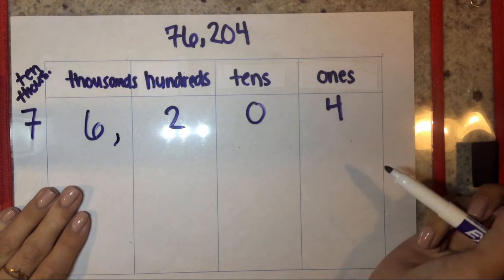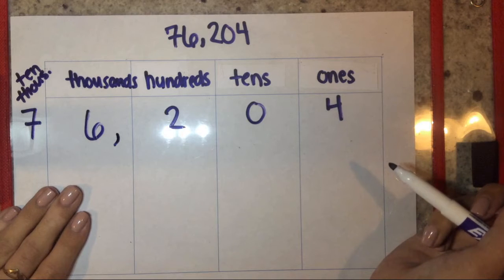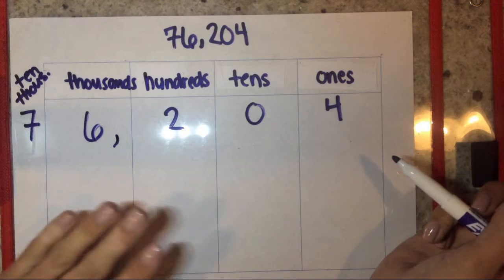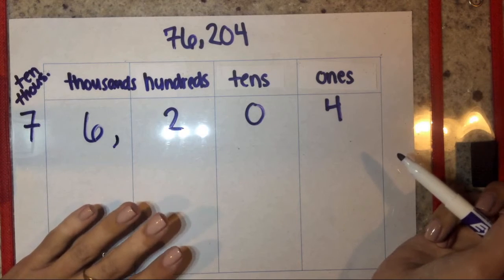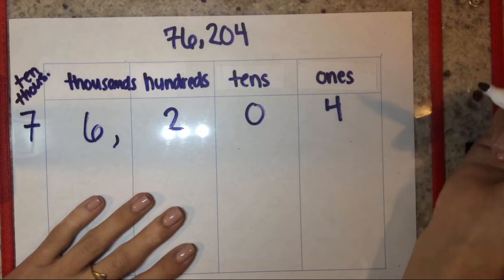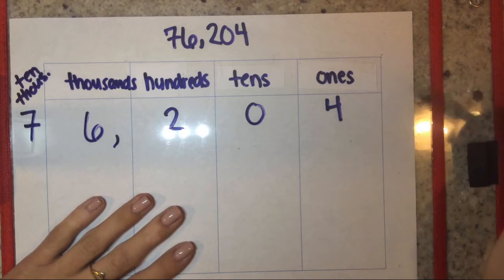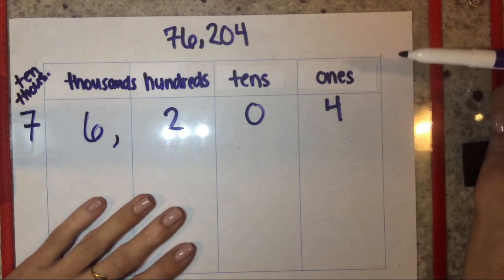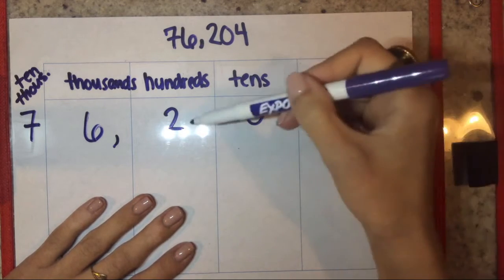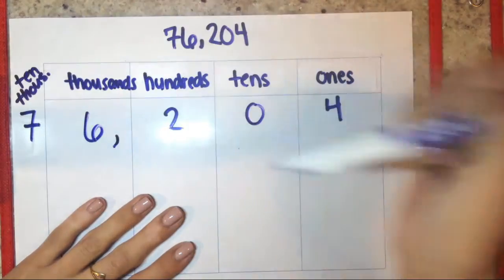Okay, now that we've written it in standard form, our next step is to write it in expanded form. This is where a lot of our scholars get confused. So we have to ask ourselves a question, and I like to ask the question for every single place value on the chart.